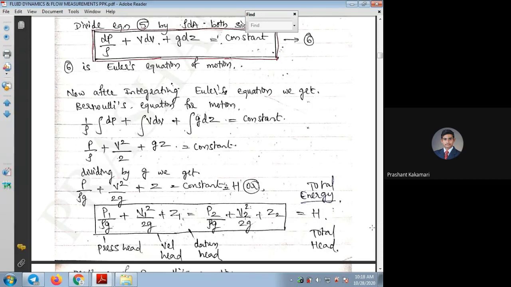In such a case, one can find out the velocity if pressure or datum is known. The same velocity you can substitute in the continuity equation to find the discharge also. So one way or the other we can find out velocity by this equation, then we can also find the discharge by the continuity equation. So like that, in topics other than this chapter, this equation will be helpful to find other unknowns.